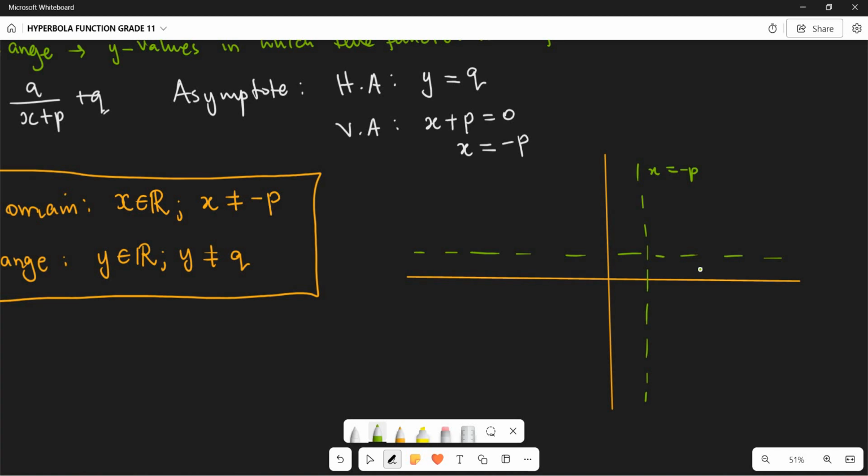All right. But yeah, that will be my asymptote for now. But I will be contradicting myself because I mentioned that let's make our p positive. All right, so let me move it here. Okay, I'll put it on the other side. So let's put it here.